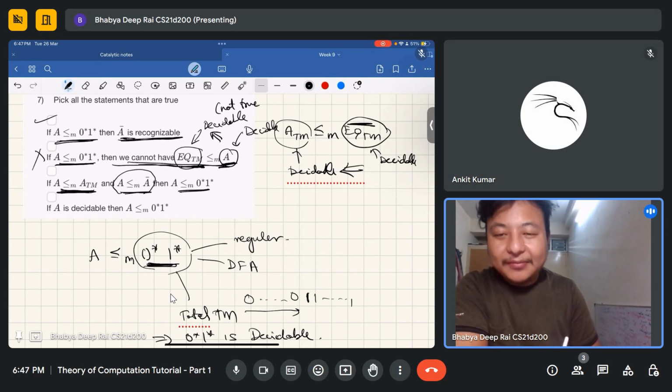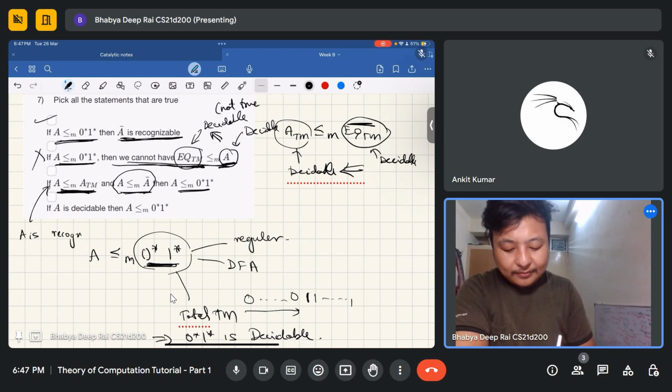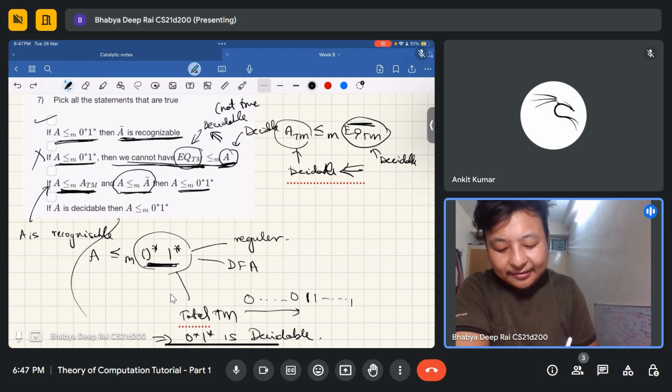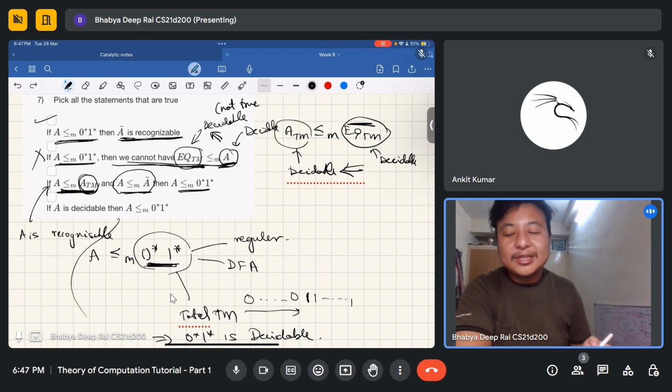A reduces to ATM means that A is at least recognizable. A is recognizable because this guy shows recognizability, and this will always halt in the yes instance, meaning the entire reduction will halt in a yes instance. It may not halt in the no instance. So A is clearly just recognizable.